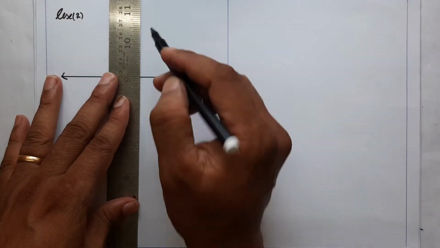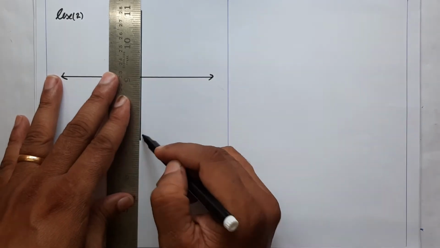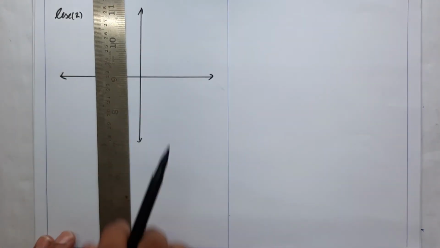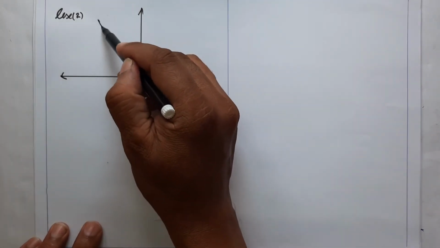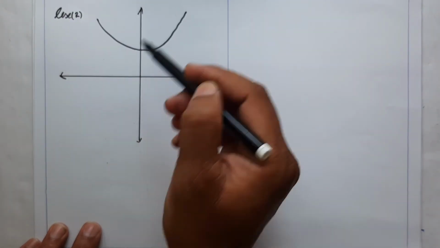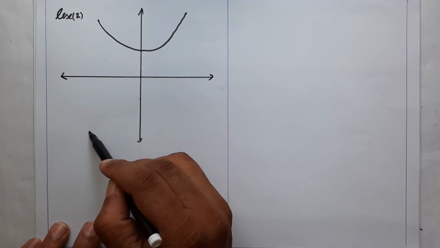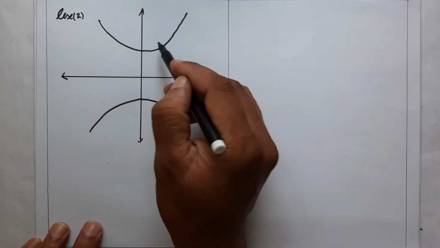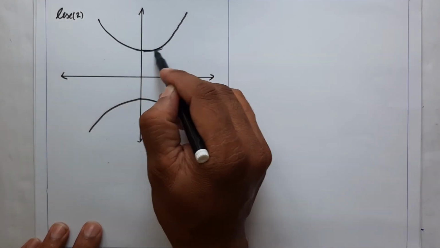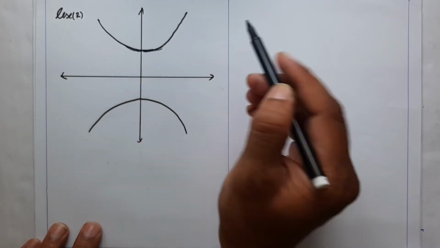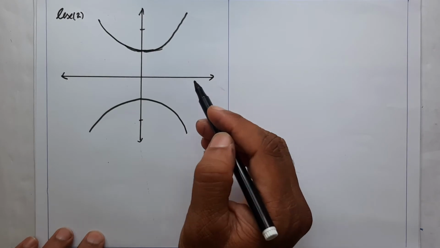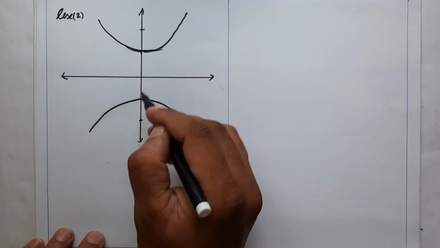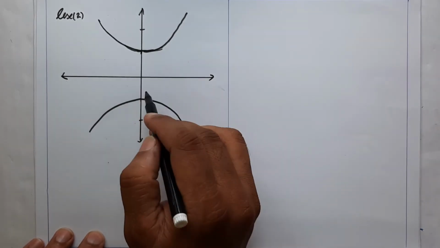In the second case, our hyperbola is in the form like this. Here the foci lie on the y-axis, and the vertices are also on the y-axis.